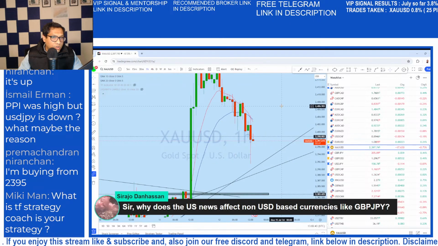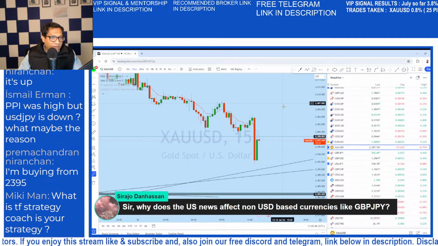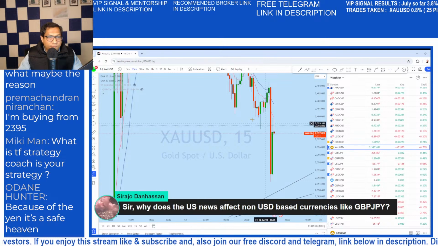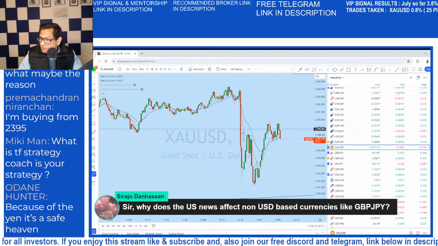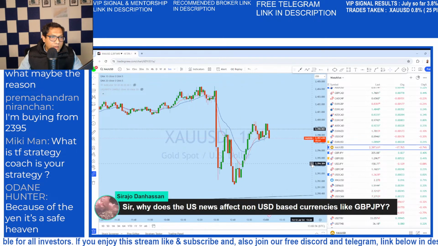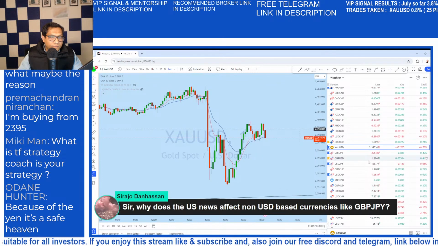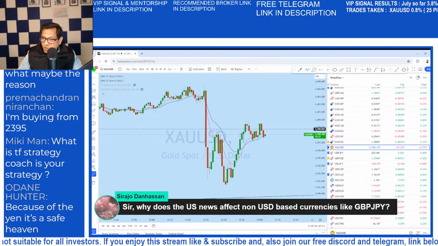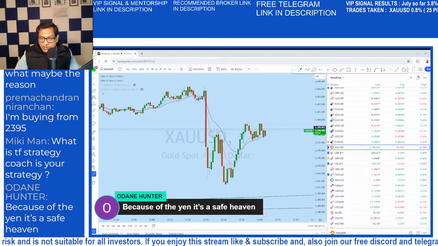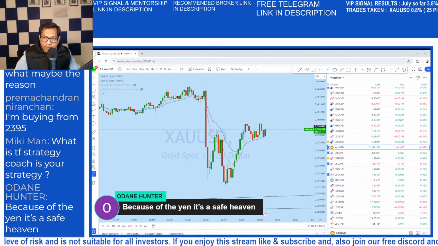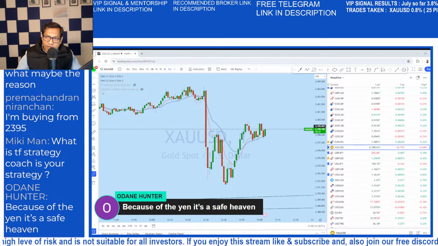So what's your thought on that? Anyone here to explain that, if there is an impact on GJ? Because of the yen, it's safe haven. I think his question is not about the yen. His question is that, if there is a USD news, does this impact JPY?